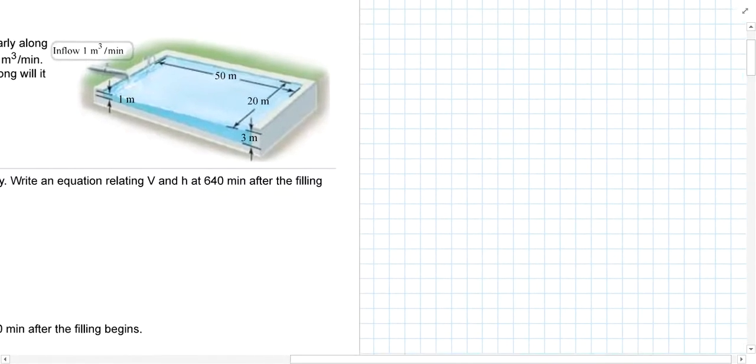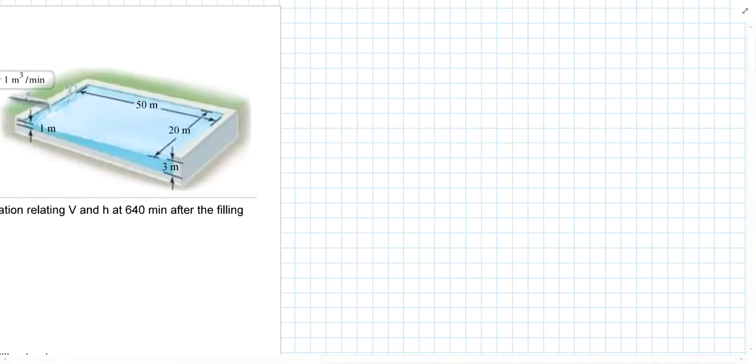And so, for this particular problem, and in problems like it in general, it might be easier to consider a more exaggerated diagram so that we can see exactly what's going on. So on one end of the pool, it's at least 1 meter deep, and then it tapers down to a distance of 3 meters.